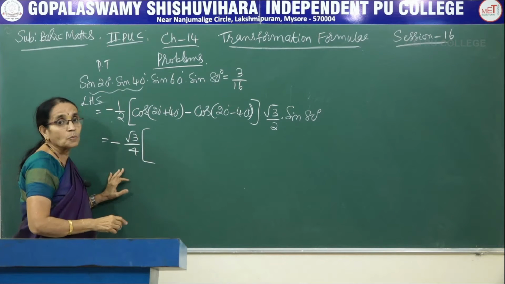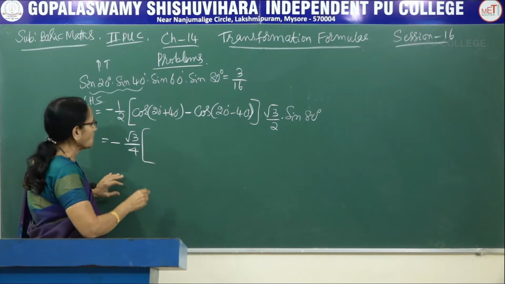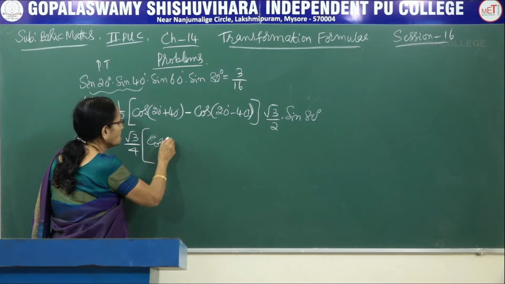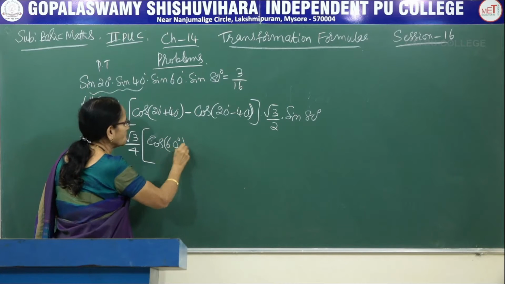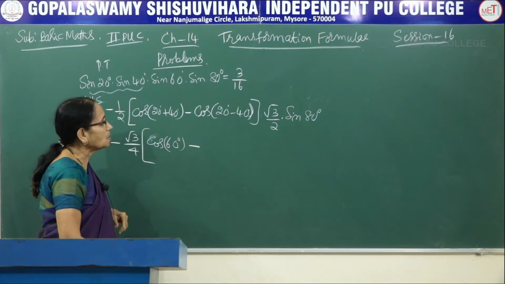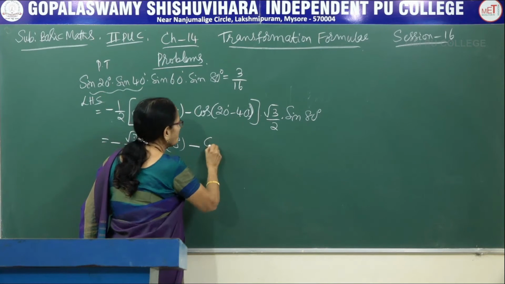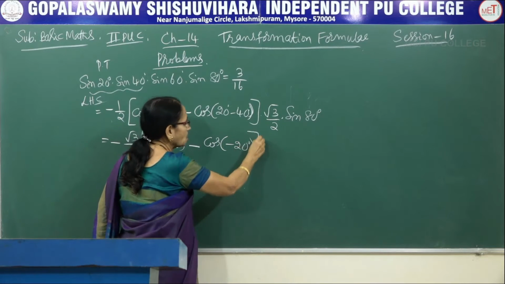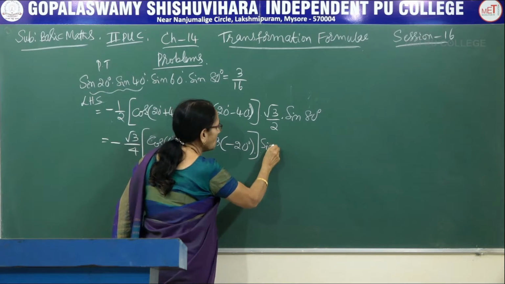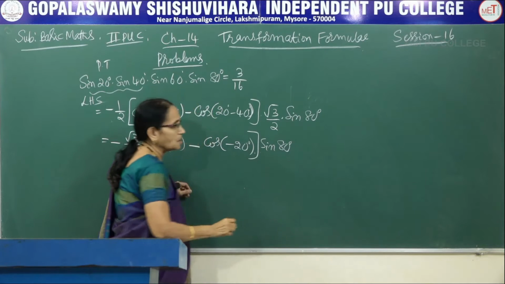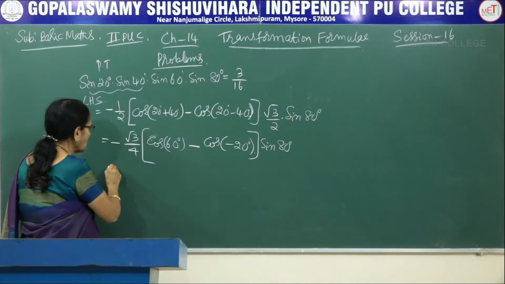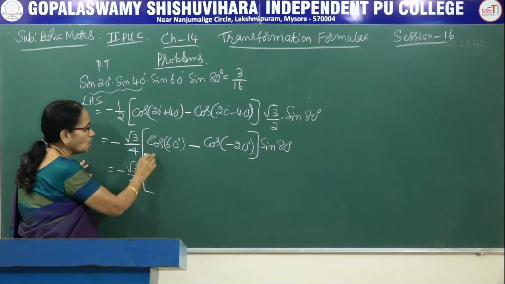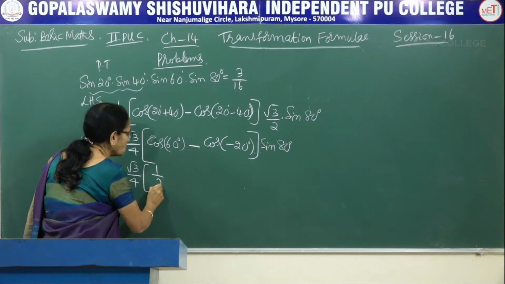It is minus root 3 by 4. Now 20 plus 40, that is cos of 60 degrees, minus 20 minus 40, that is cos of minus 20 degrees. Close the bracket, into sin 80 degrees. Now again it is minus root 3 by 4 into cos 60 is 1 by 2.